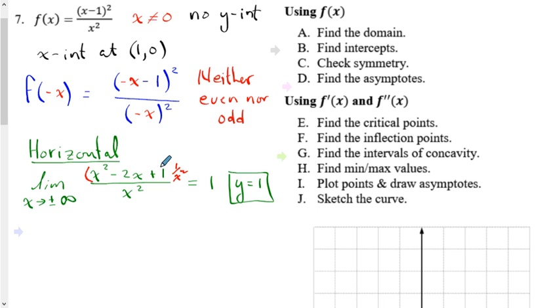When we do that, we're left with this first term turning into a 1. This will be a minus 2 over x, and this will be a plus 1 over x squared. Both of those go to 0, and our denominator will be a 1. So we get 1 over 1, y equals 1. There's my horizontal asymptote.